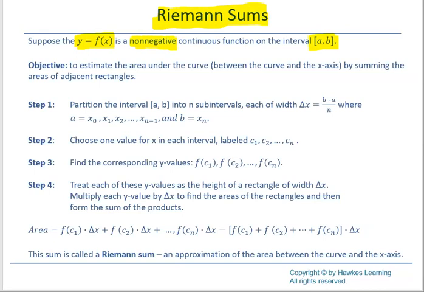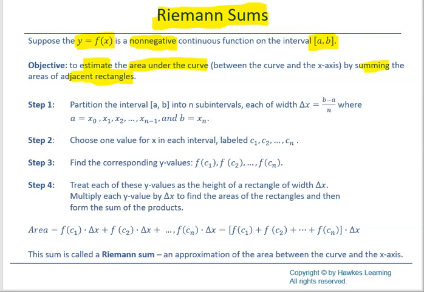The objective of this Riemann sum is to estimate the area under the curve, or between the curve and the x-axis. Recall the function is non-negative, so the graph is going to be above the x-axis. And to estimate by what? By summing the areas of the adjacent rectangles. So that's the purpose of the Riemann sum, to approximate the area under the curve.